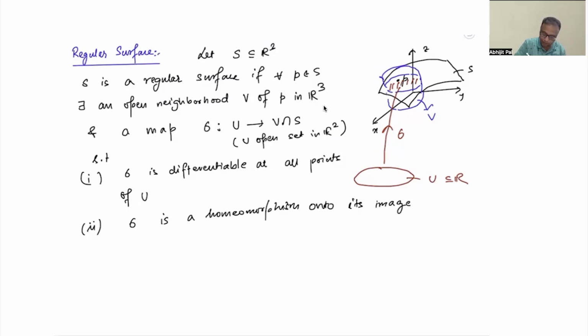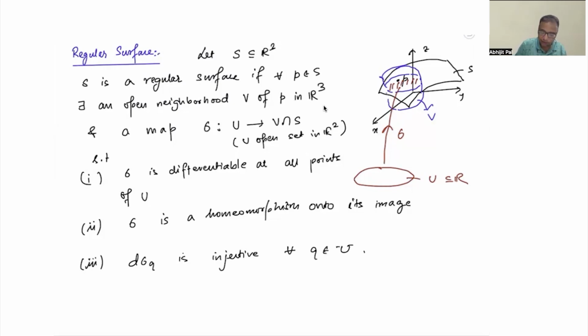And the third thing is that the differential of sigma exists for all points Q belonging to U, and this differential map is injective.